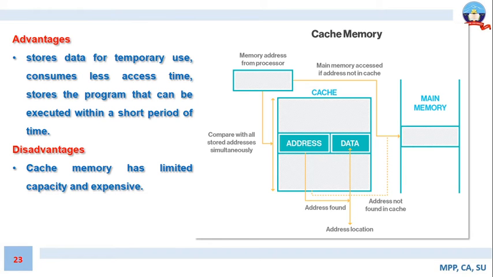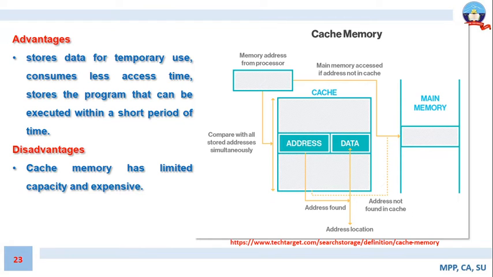Now, let us try to understand the working of cache memory with the help of a very simple schematic representation. Whenever a processor wants to access data or an instruction that it wants to execute, first it will search for the presence of the instruction and data in the cache.